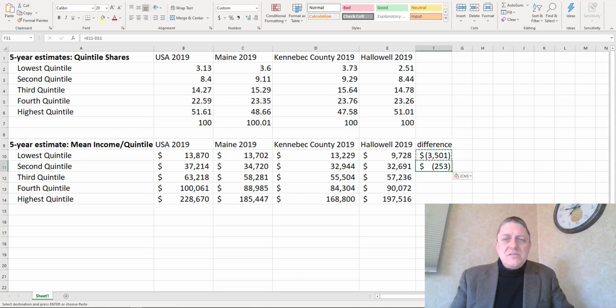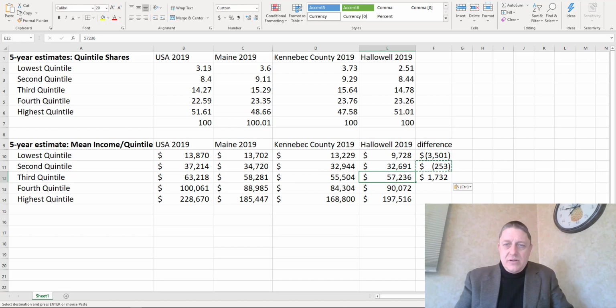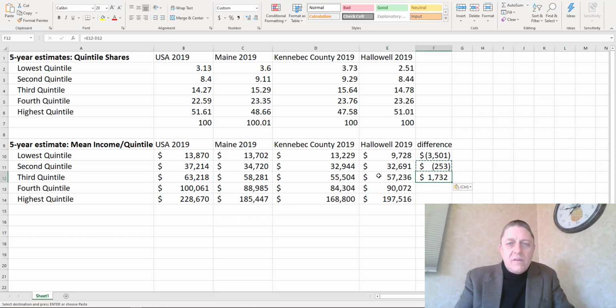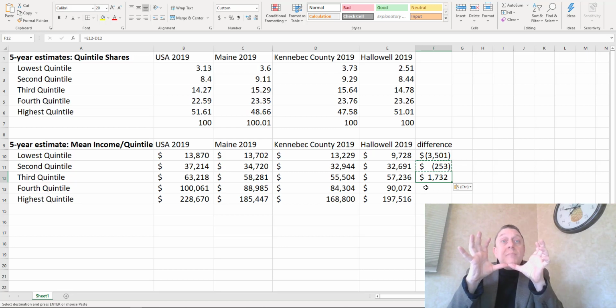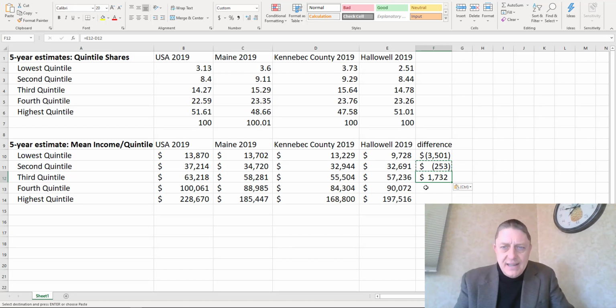But when I look at those differences, there's basically no difference for the second quintile. For the third quintile, here's something different. Compared to Kennebec County, because this is E12 minus D12, the middle 20% of people in Hallowell are actually earning more than the middle quintile of Kennebec County.